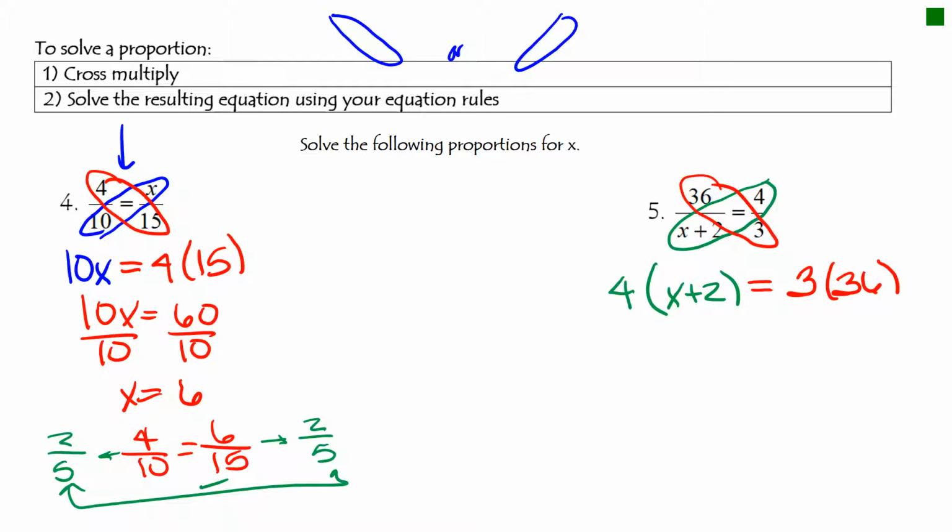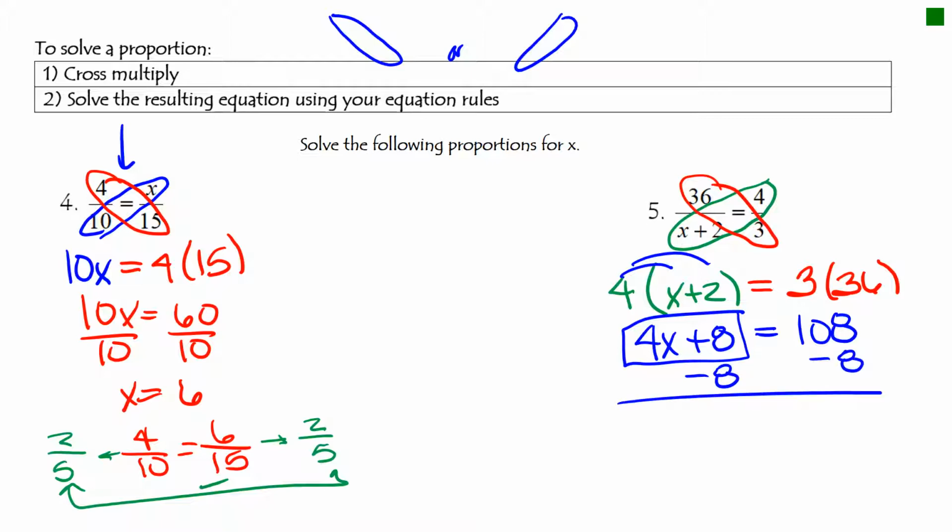Over here, I'm going to distribute: 4x plus 8 equals 3 times 36 is 108. See the plus sign? Remember where the x is. I'm going to subtract 8. So 4x is equal to 100. Addition's gone. I'm down to multiplication, so I'm going to divide by 4. So x is going to equal 25.